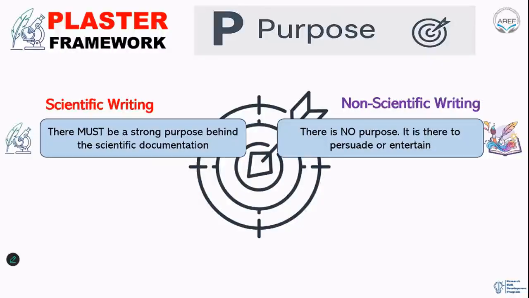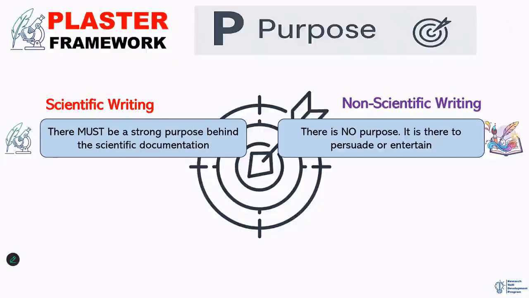So even if we write a review paper, for example, and we are writing without a very strong purpose behind it or a very strong question to be resolved, then we simply cannot write it as effectively as it should have been.